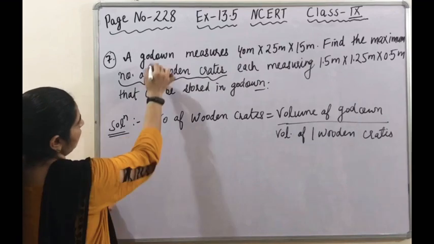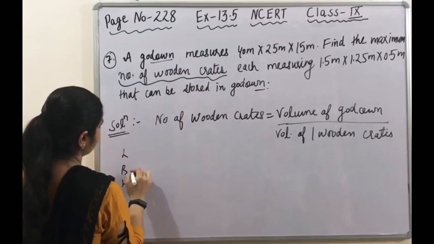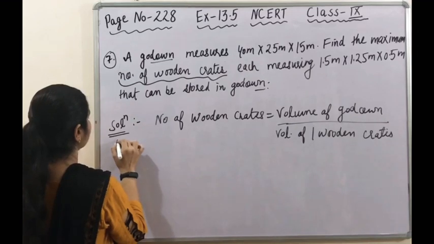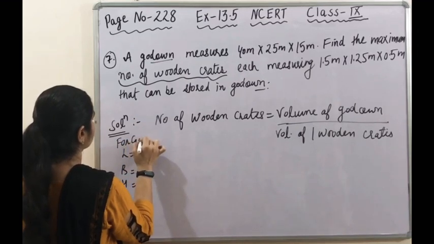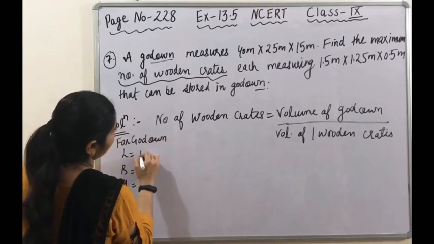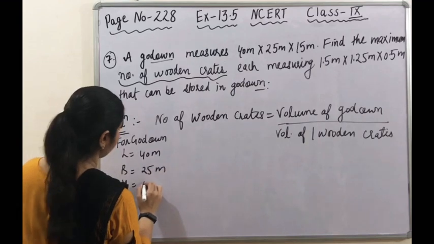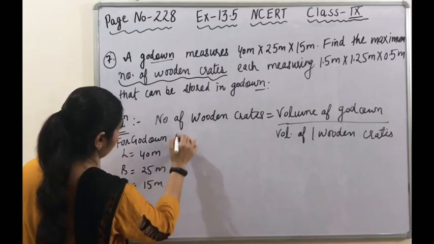Dimensions of the godown are given: length, breadth and height. Length is given as 40 meter, breadth is given as 25 and height is given as 15 meter.